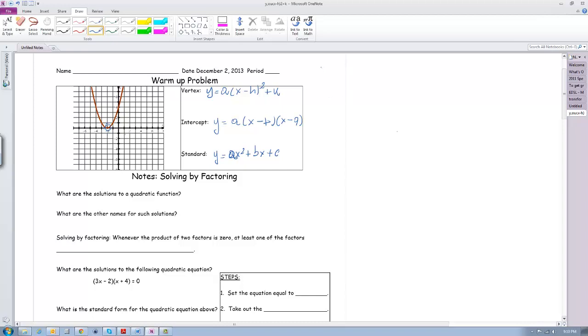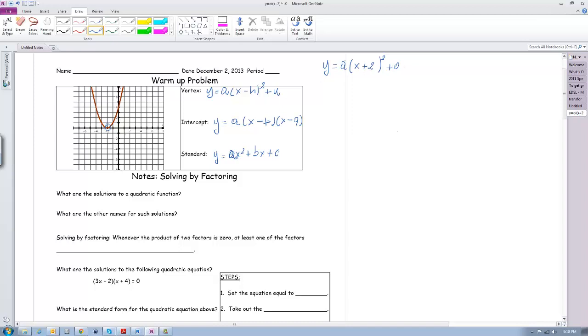So we can rewrite this vertex form as y equals a times x plus 2. Again, we had a minus 2 with the minus here, we have a plus 2. This is squared plus 0, because our y coordinate is 0.